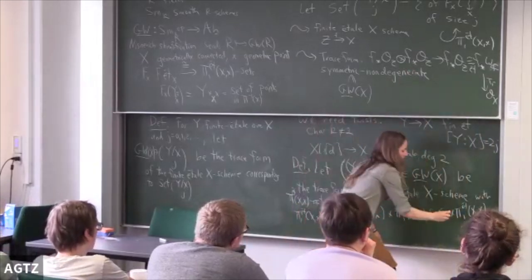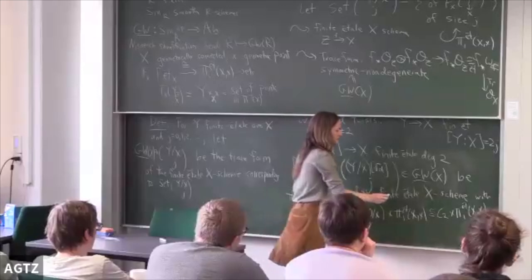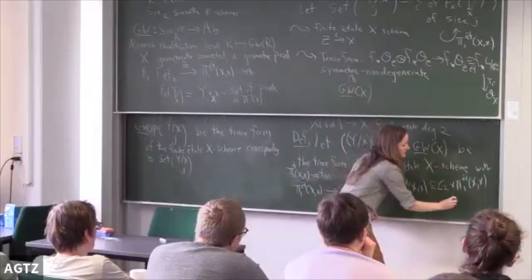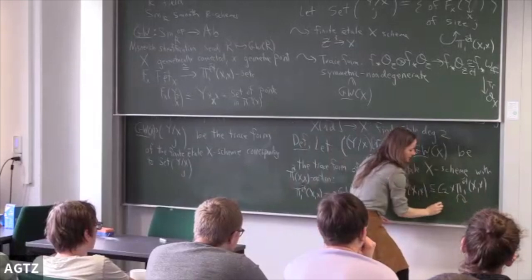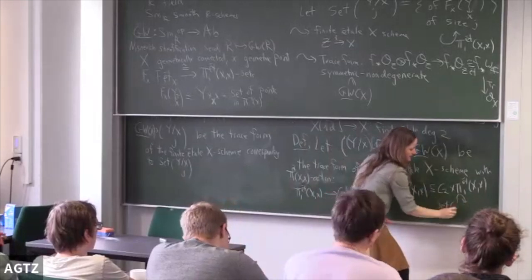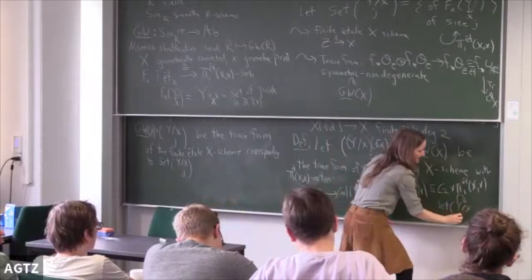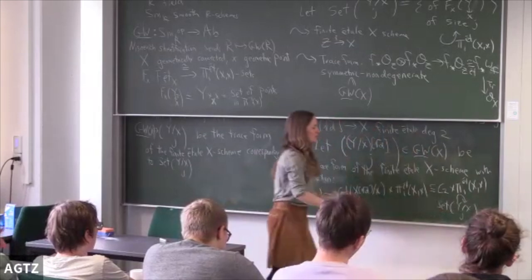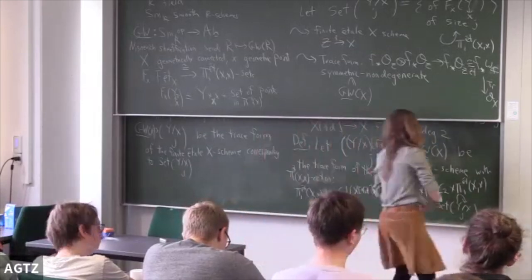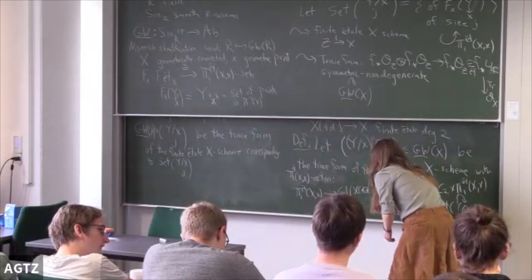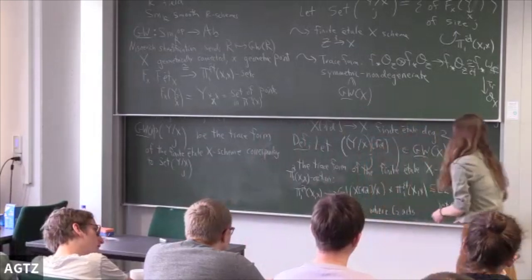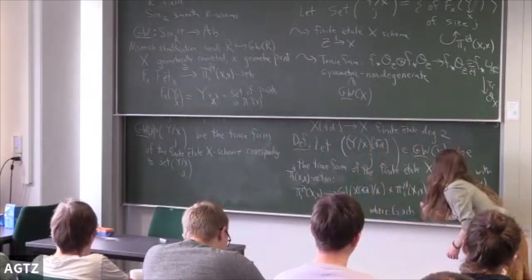So this acts on the set of y over x choose j, where C2 acts by taking a subset to its complement.